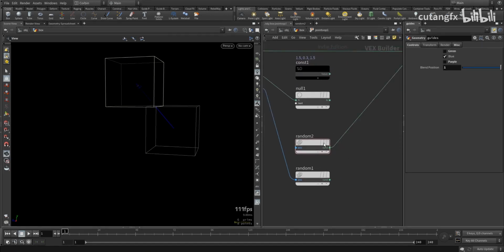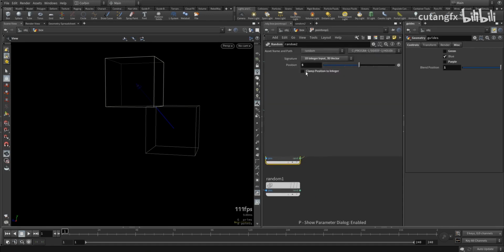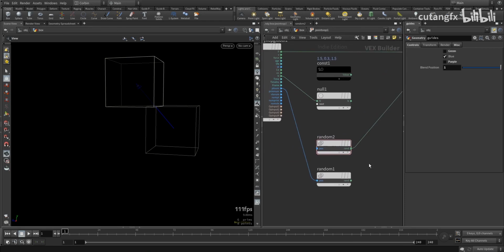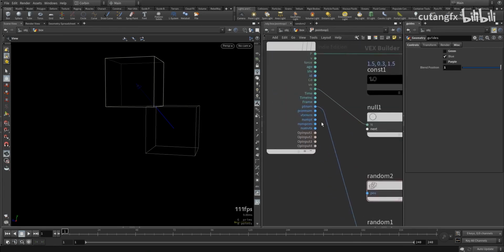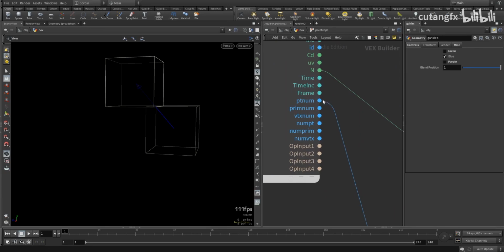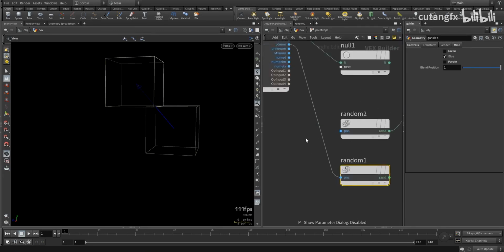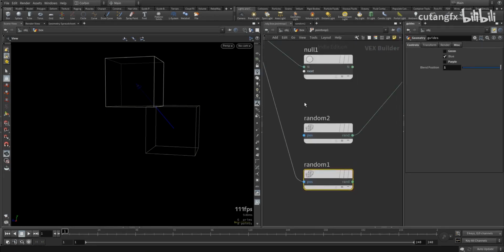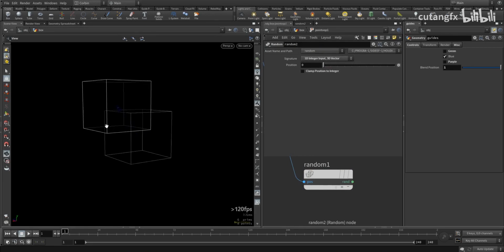Now, instead of feeding it a constant seed for the random, if we do feed it something that is unique for every point, for example, maybe we feed it the point number as the seed, then each point has its own number. So point 0 is actually going to result in this random vector that we're looking at right now.